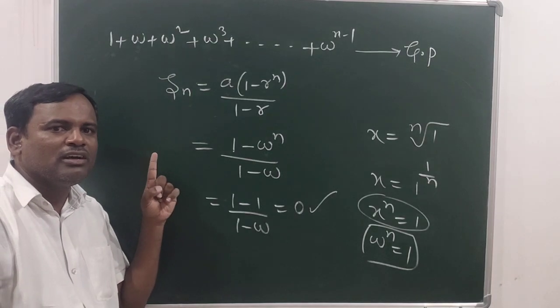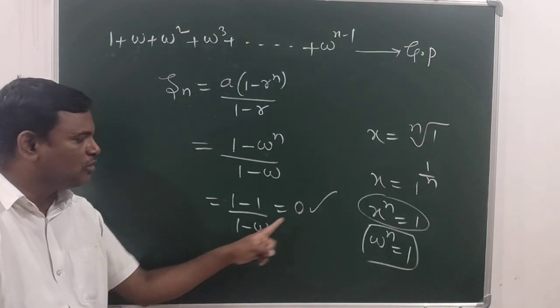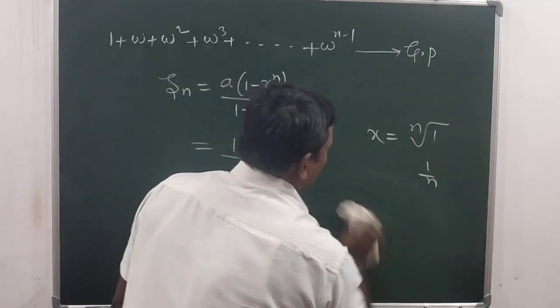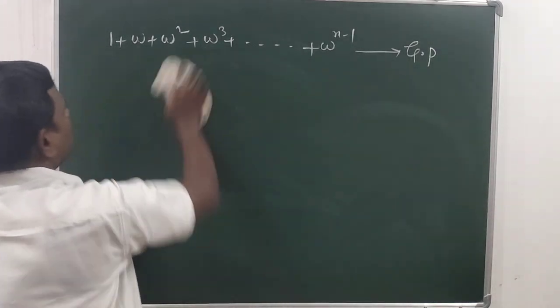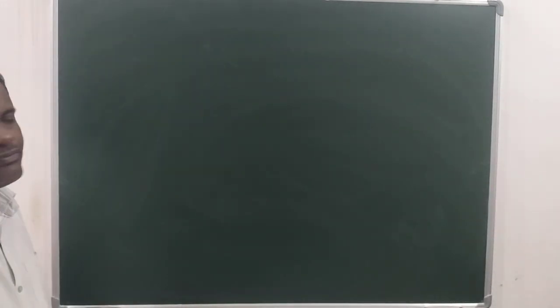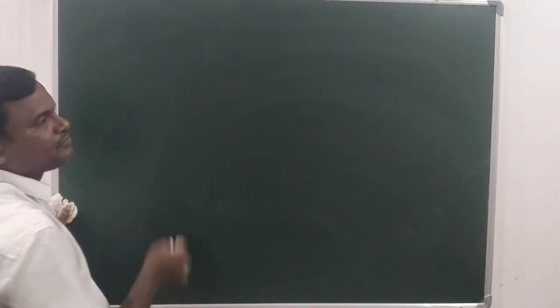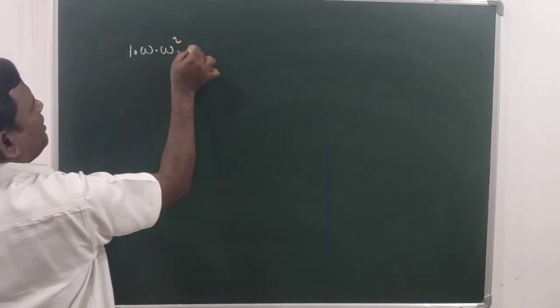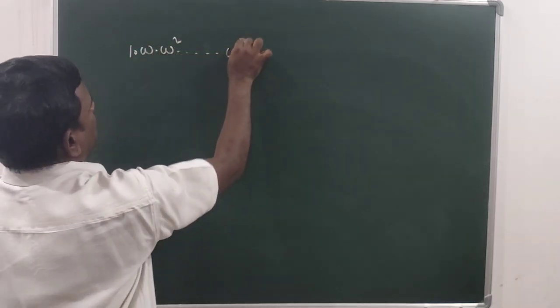Sum of all the roots of this nth root of unity is how much? 0. Right. Now let us find the product of all the roots of this nth root of unity. See here: 1 into omega into omega square and so on, up to omega power n minus 1.